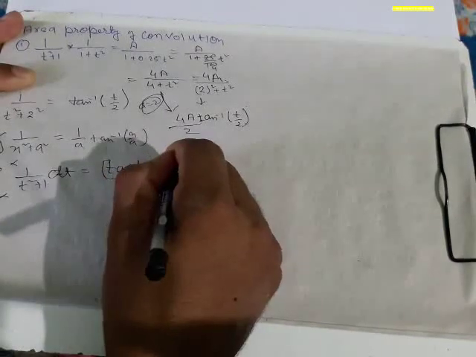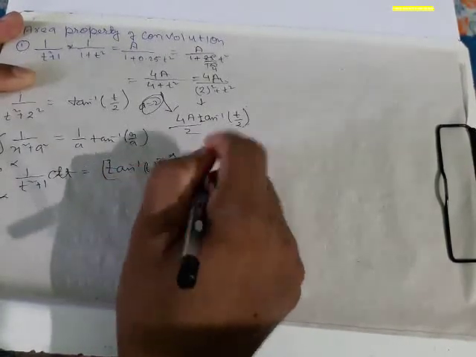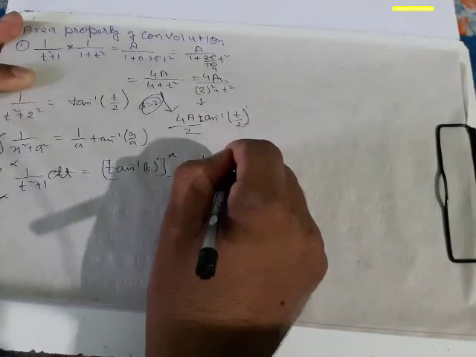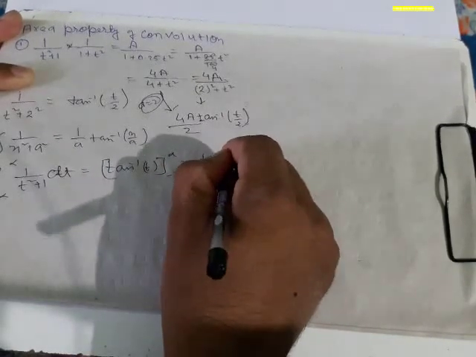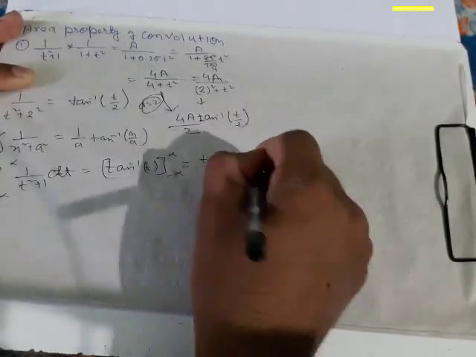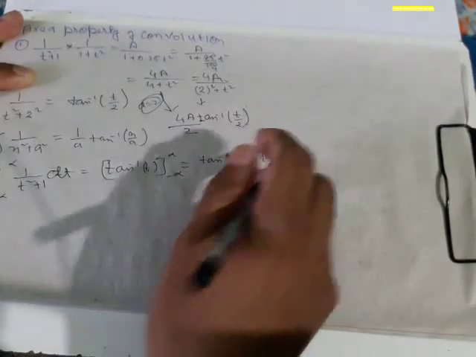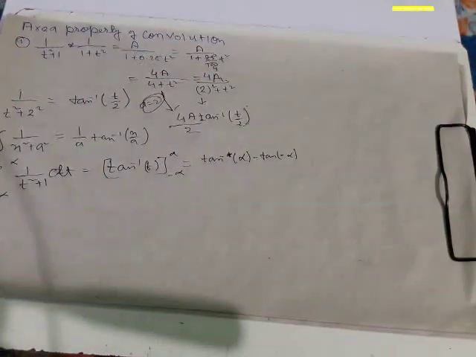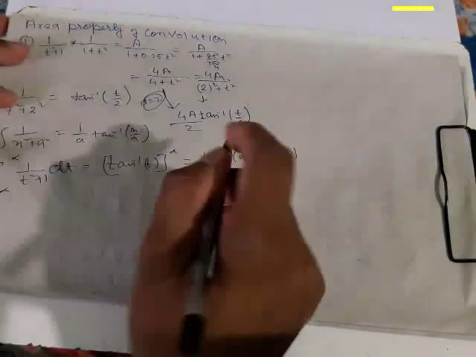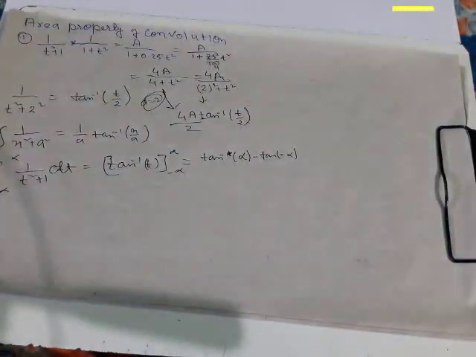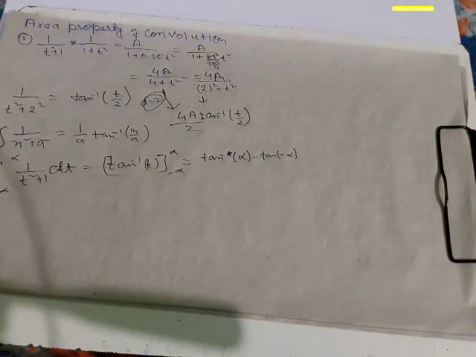Okay, now if we compare this one, so the area is 4a by 2.